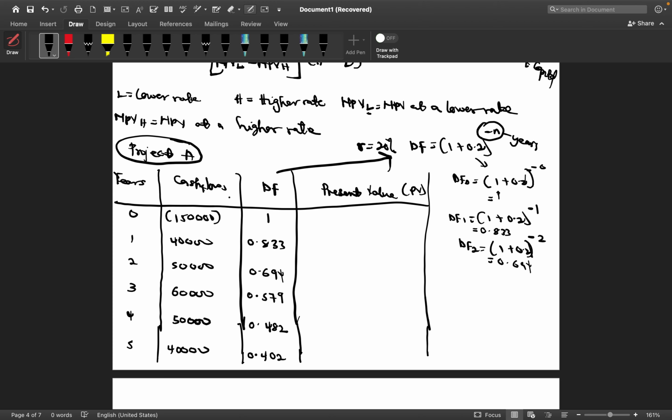So present value, as I told you, is cash flow times discount factor. 150,000 times 1 would give us 150,000. So 40,000 times 0.833 would give us 33,320. The same formula, 50,000 times this.